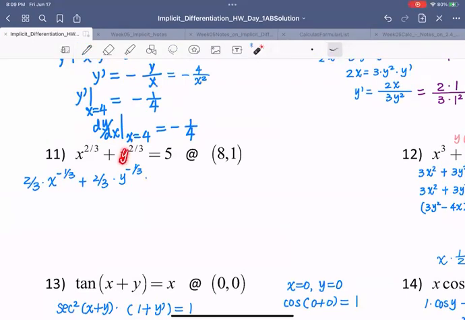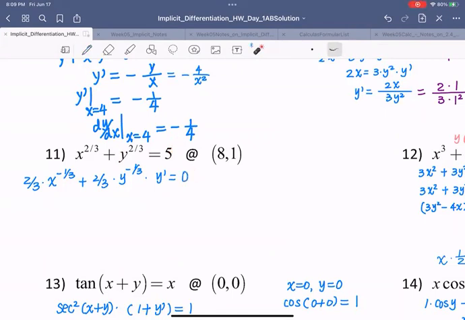This is y, this is x. X derivative is 1, so you copy down y prime, right? Equals who? 5. 5 is a constant. This guy's derivative is 0. Make sense?